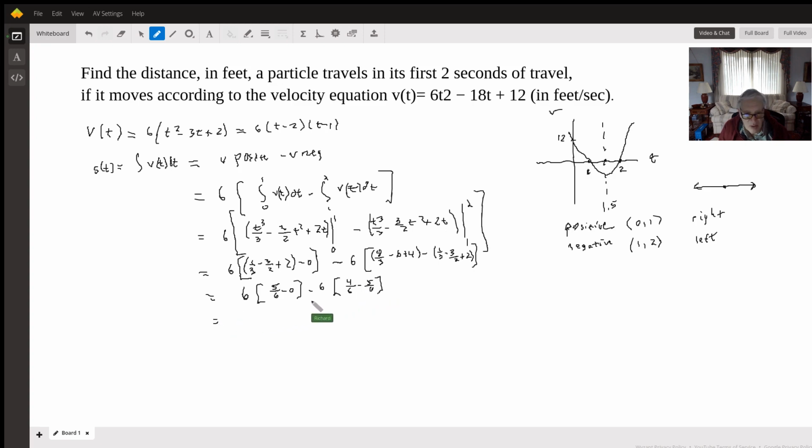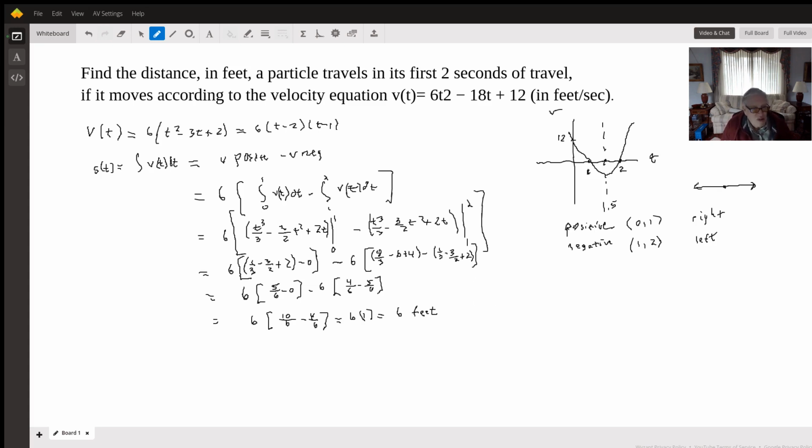You can see that the 5/6 will add together. So let me just keep the 6 out of here. You're going to get 5/6 minus a negative 5/6, so it's going to be 10/6 minus 4/6. So it's going to be 6 times 1, which would be 6 feet. So that's the total distance traveled.